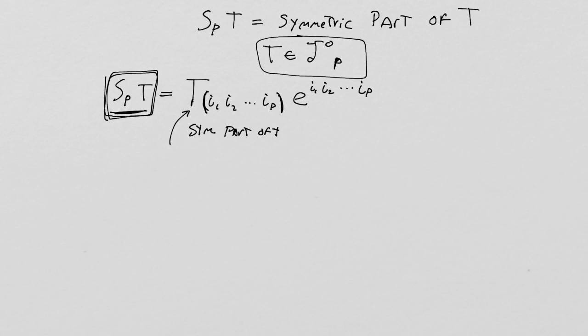So another way to have written this would have been the tensor S_P of T, its components I1, I2, to IP, E_I1 through E_IP, like that. Here I'm highlighting the fact that we have a different tensor, the symmetric part of T. Now I don't need the parentheses, because the parentheses were there to tell me that we're dealing with just the symmetric part of T.